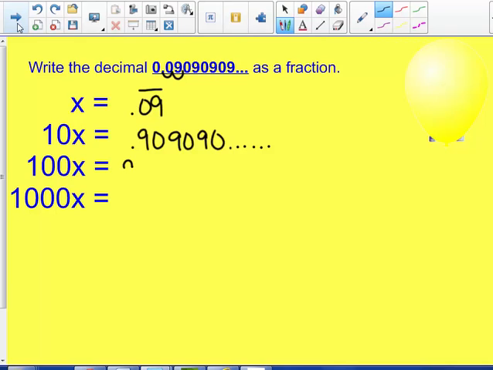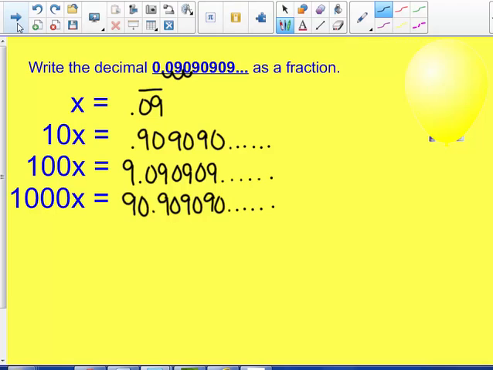Now I have 9.0909. See how the pattern becomes different? 100 times that number is 9.09 repeating. 1,000 times this number is 90.909090.